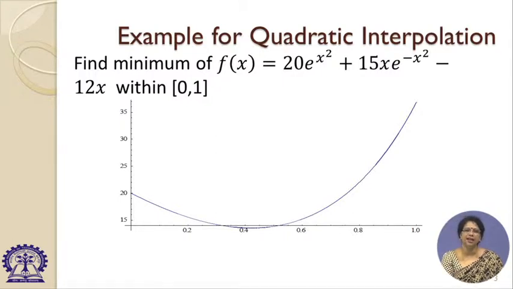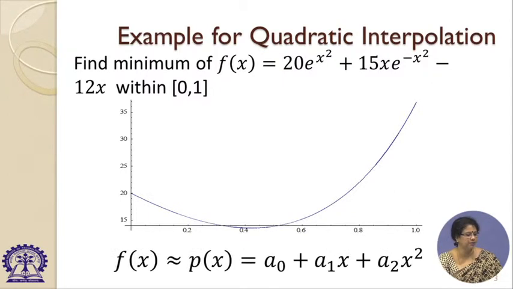The unknowns are a0, a1 and a2. We need to find the values of a0, a1 and a2 which best fit this function. This is the target for today's class: to fit a quadratic polynomial to this function, and we will find the minimum of that polynomial.